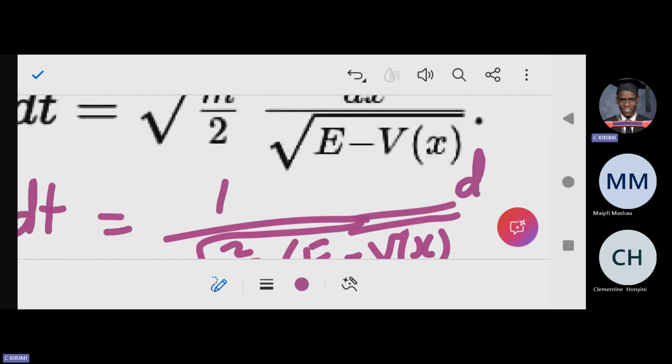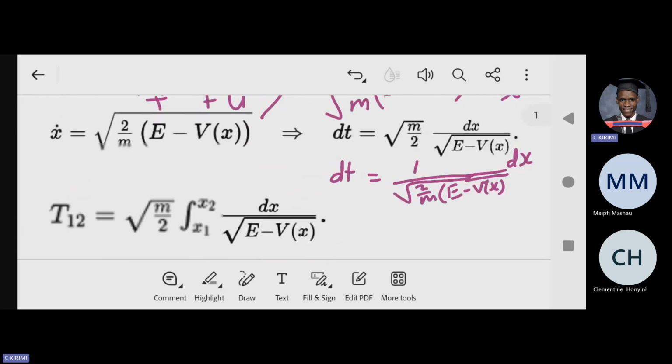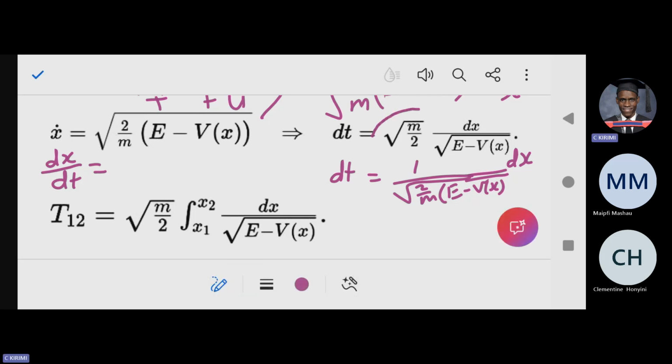Here they just rewrite to make that denominator 2 over m. If it comes on the numerator, it's the square root of m over 2. Just a manipulation of exponents, but everything is down.